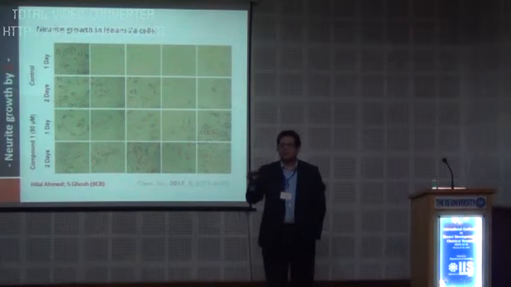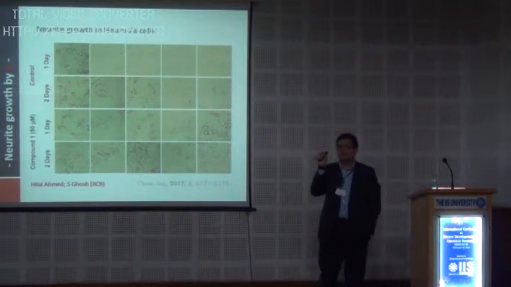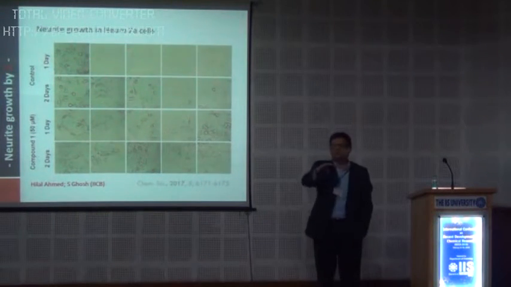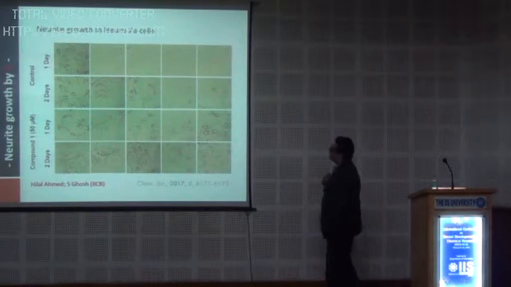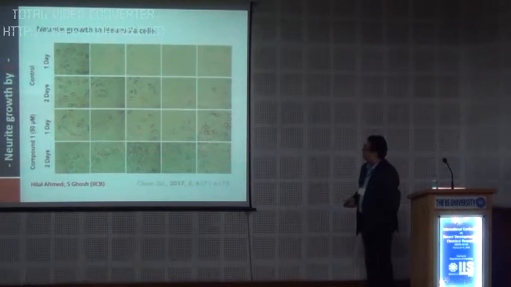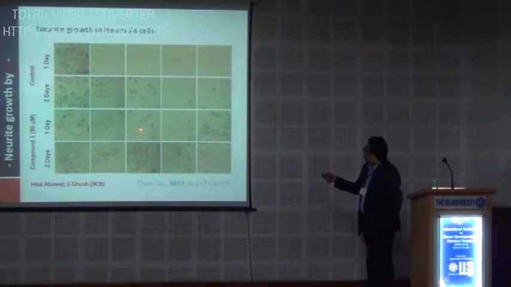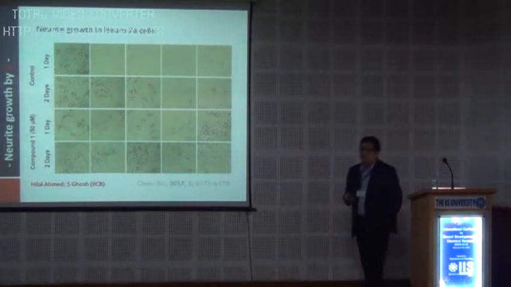For some of us who are uninitiated in microscopy of neurons, you cannot stain a neuron, otherwise you are not going to see it very well. So you take care of the imaging with the help of contrast microscopy. That's what we have done here. And if you add our compound 1 to about 50 micromolar concentration, if you are able to appreciate, you see formation of these hair-like projections coming out of the neuronal body, which is not observed in 24 hours or in 48 hours in this control experiment.